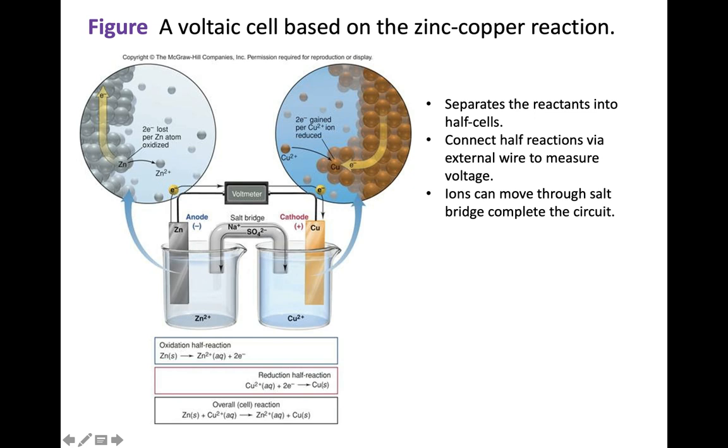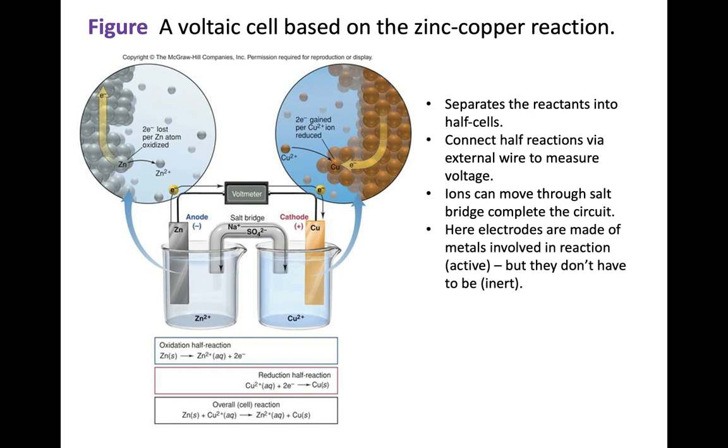And that also completes our circuit. So we have electrons flowing, charge flowing like this, which you'll see really well if you watch the link with the animation. So in this case, in our copper-zinc reaction, the metals, the electrodes, are involved in the reaction. They don't have to always be involved in the reaction.